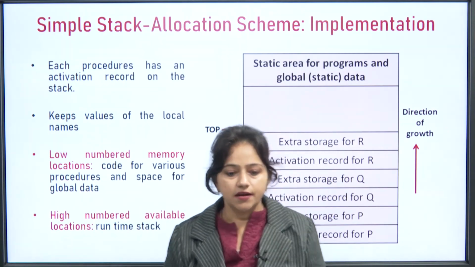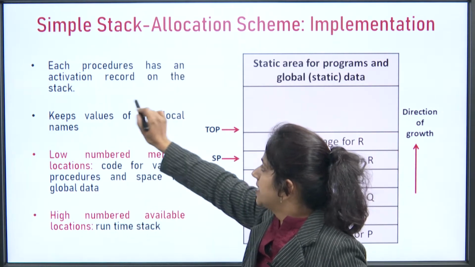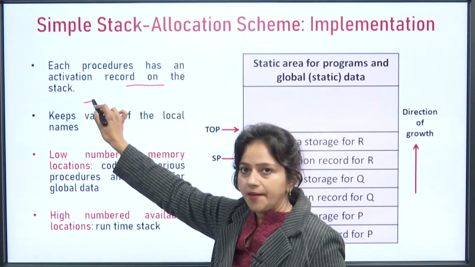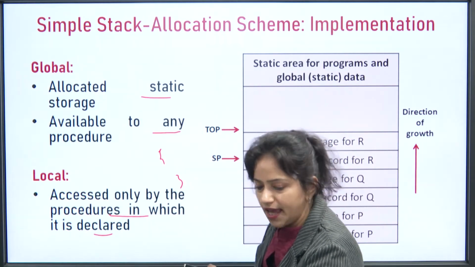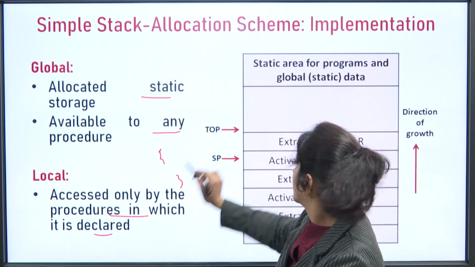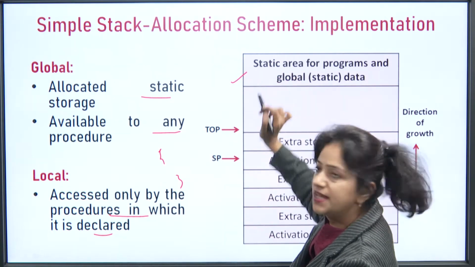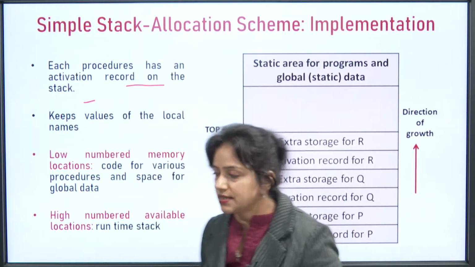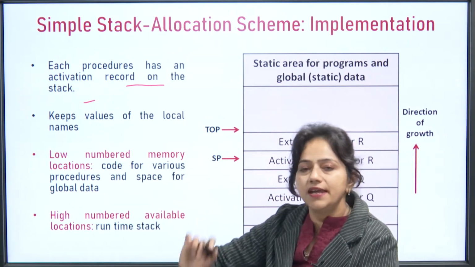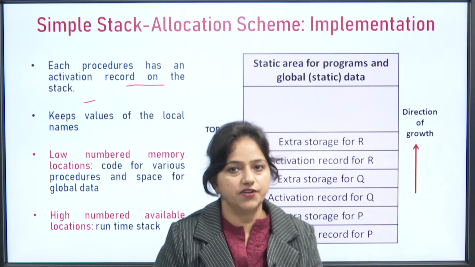Now, next, each procedure has an activation record on the stack. So, basically we can say that the data can be global or static. So, this is the space for global or static data. Now, in the program we may have various procedures and each procedure will have its activation record.